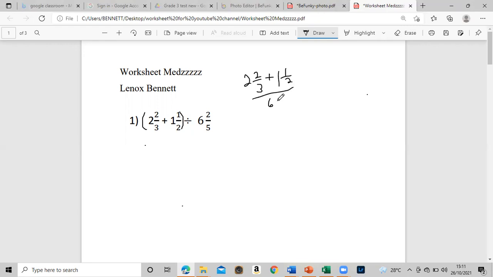And this is typically how CSEC will set it, but it means divide. This and this mean the same thing. You put it in a bracket and do the addition first. So 2 times 3, that's 6, plus 2, 8 over 3, plus 1 times 2, that's 2, so that's 3 over 2.